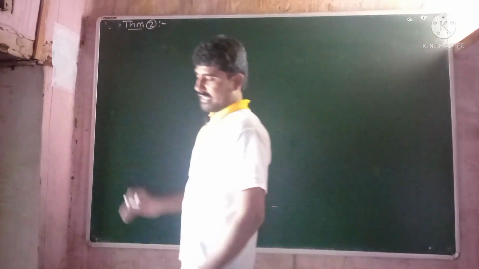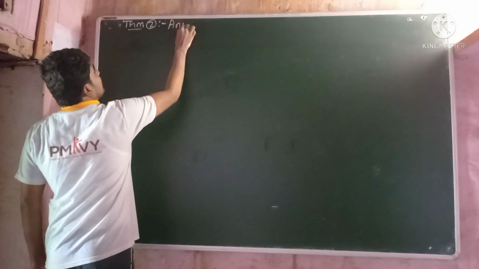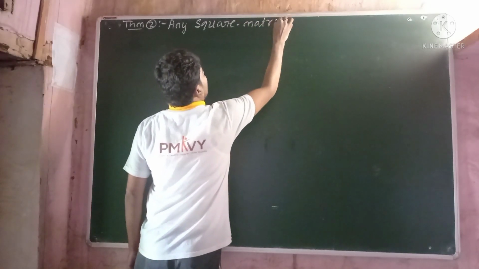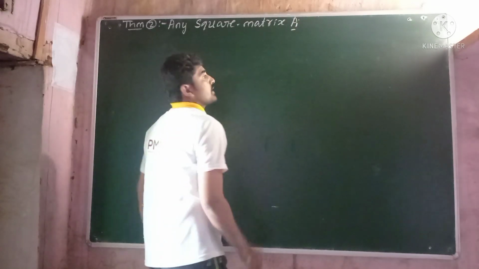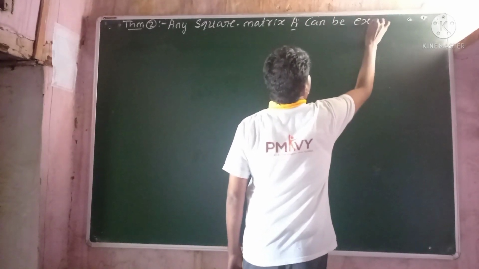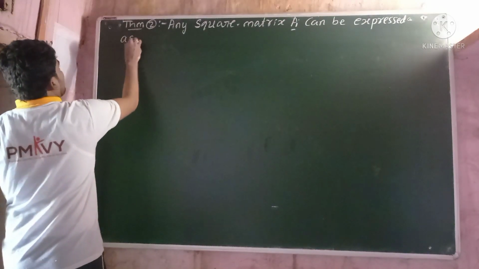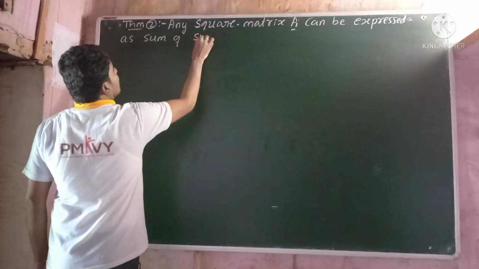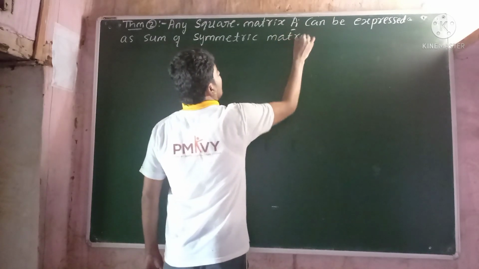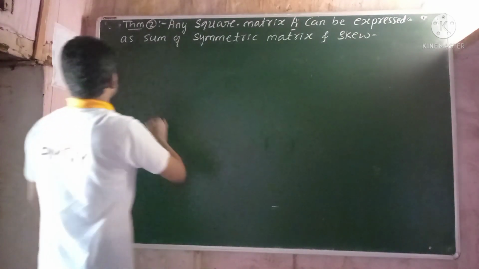Now the theorem number 2. The statement of this second theorem is: any square matrix A can be expressed as sum of symmetric matrix and skew symmetric matrix.